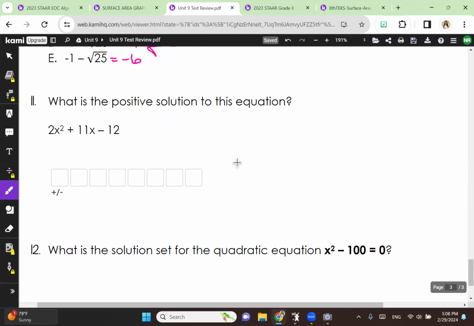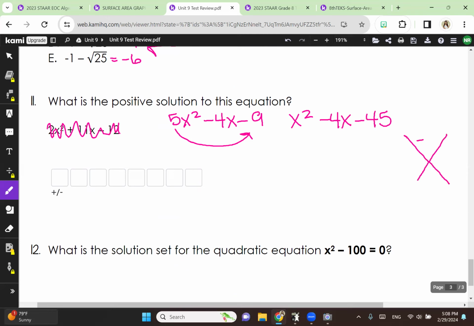What is a positive solution to this equation? Now, when I worked it out, it actually didn't work. So here we go. We're going to do it for 5x squared minus 4x minus 9. Kidnap. So you get x squared minus 4x minus 45.